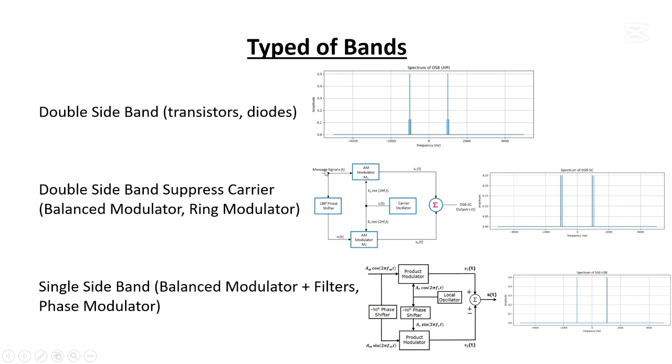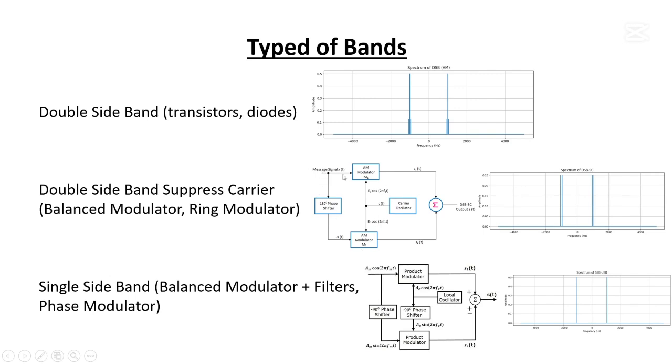So what actually happens here? The message signal goes in, the carrier signal goes here, and it produces a double sideband. The S1 signal contains this type of modulated signal.